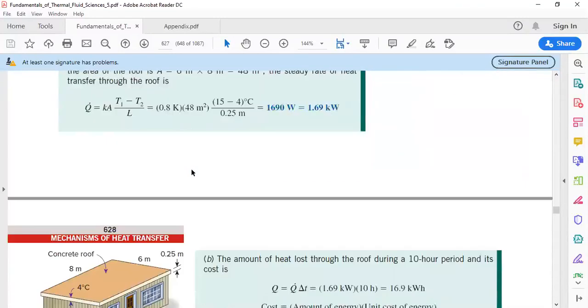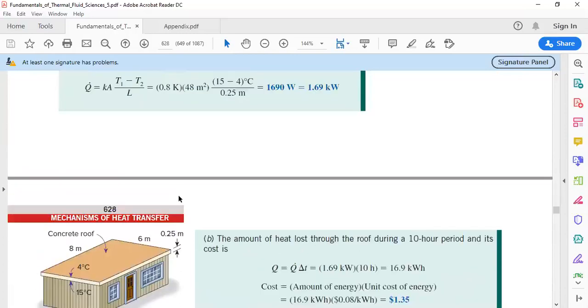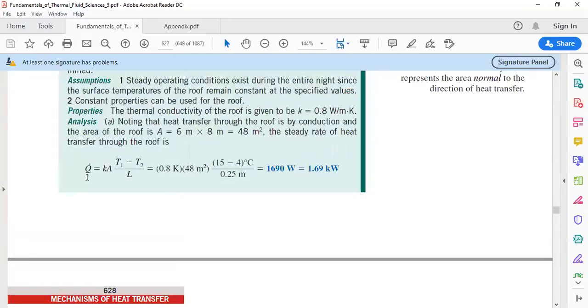Okay, so first, in order to calculate the heat rate, the heat rate loss would be through the concrete by conduction. So what do we have here? We have delta T of 15 minus 4. Besides, we have the thermal conductivity, so we apply Fourier's law of heat conduction.